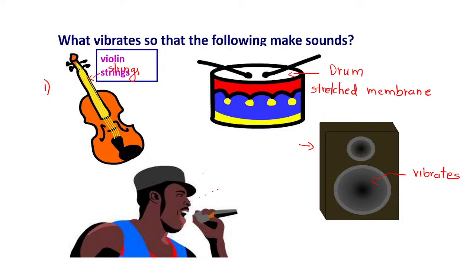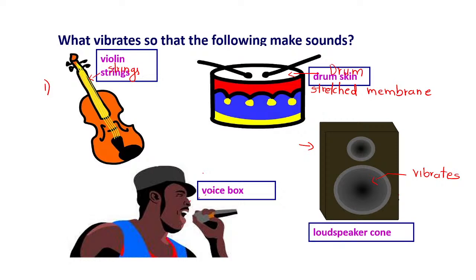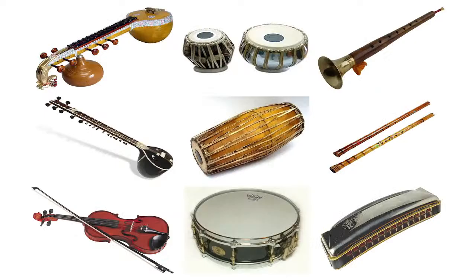I have already given you the example that violin or guitar strings are there, in drum the stretch membrane is there, in the human body there is a voice box, which is called the larynx. We are going to learn about it, that it causes or produces sound. And in the speaker, this conical shape which has the membrane shape vibrates and produces sound.